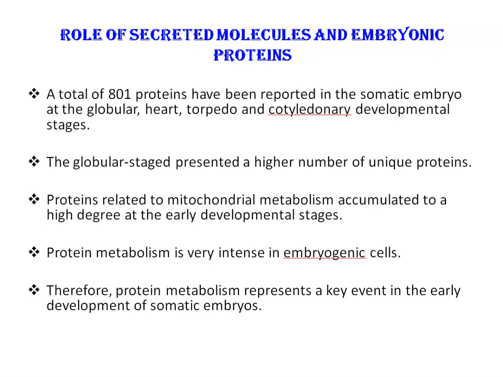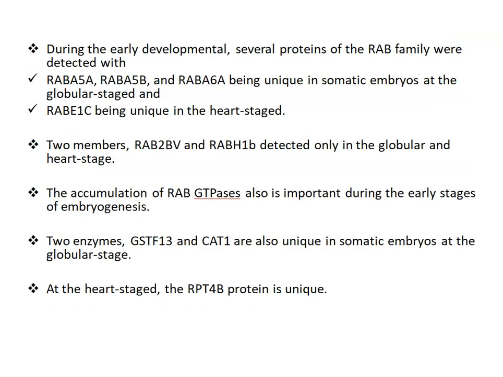Then two enzymes, GST-F13 and catalase 1, were also unique in somatic embryos at the globular stage, as these both function in antioxidative pathways in response to stress and have repeatedly been identified in proteomic studies of somatic embryogenesis.